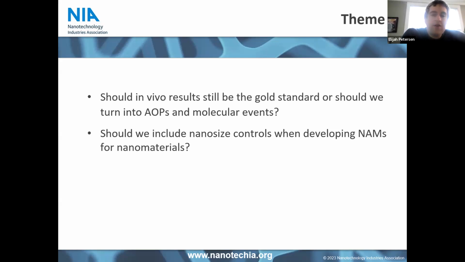There are other things that nanoparticles can do, such as absorbing chemicals, that could influence your result, but you could just do that with your nanomaterial that you're testing. You wouldn't necessarily need a control to test that. I could be convinced that there was a case you need a nano-sized control, but I can't think of any off the top of my head where I'm like, oh, this assay would be a ton better if I had a nano-sized control instead of something else.